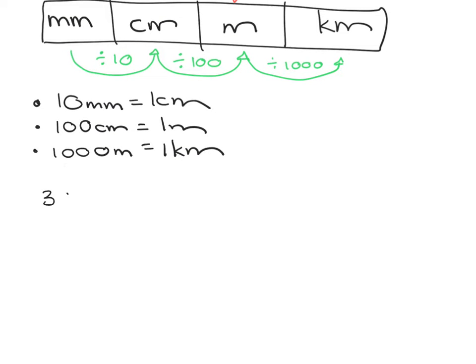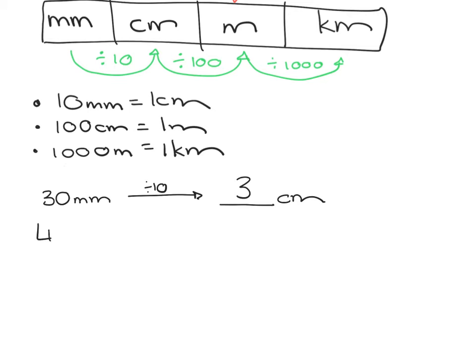So let's look at a few. If I ask you to convert 30 millimeters into centimeters, what do you have to do? Or what's the answer? 3. So what did you do? You divide it by 10.